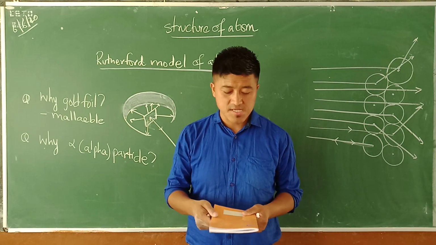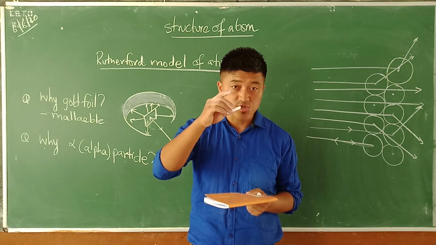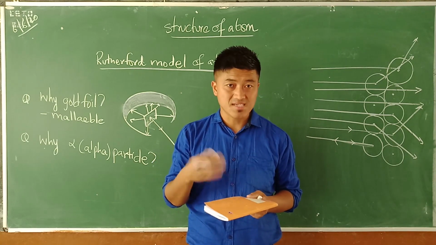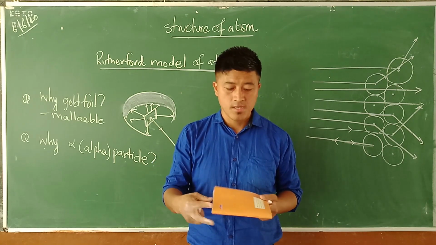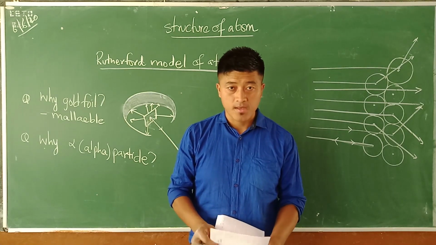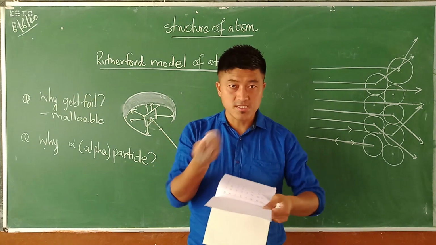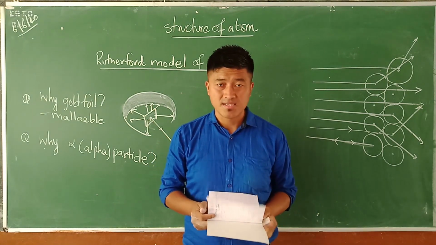which you are going to observe in this particular experiment here. For example, here I have this book. If I drop a chalk on this book, it is going to make some sound, right? But if I drop it on this page here, it is going to make less sound.